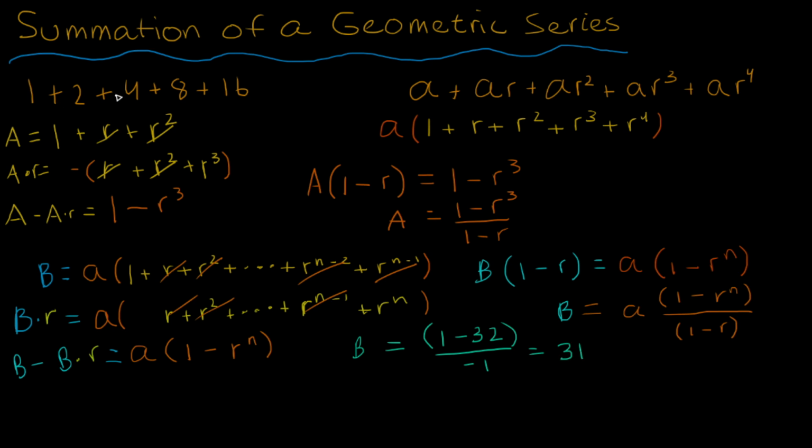So we have 3 plus 4, which is 7, plus 8, which is 15, plus 16, which is equal to 31. And we have verified our formula with this sequence, and we can be confident that we have done the right steps. So I hope you found that interesting.